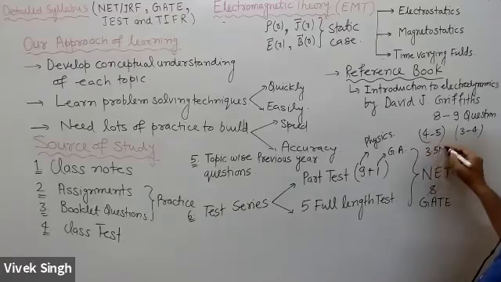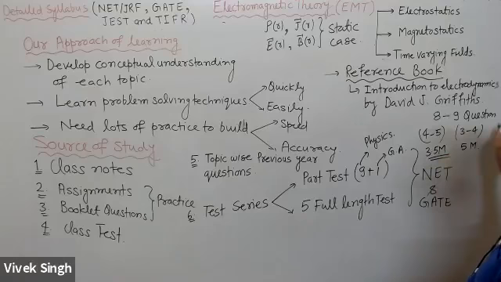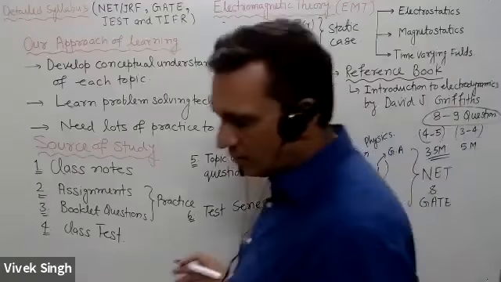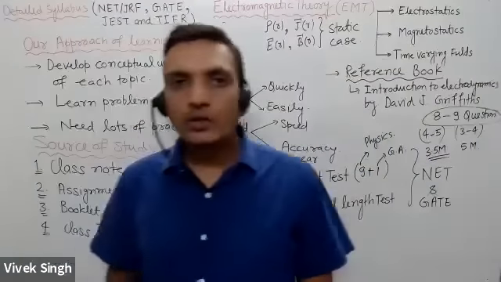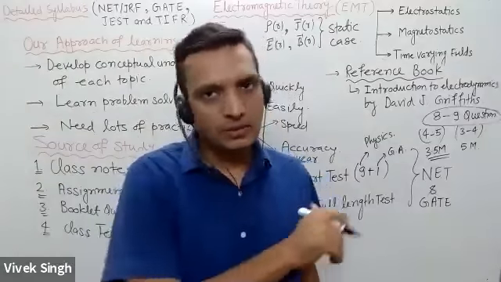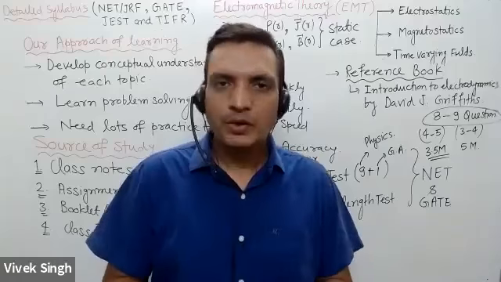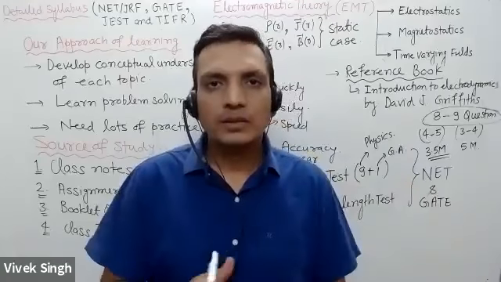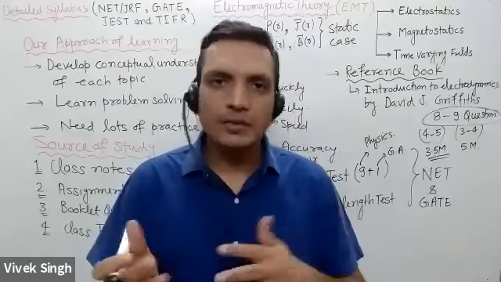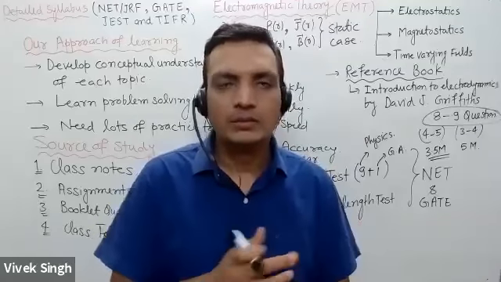This is 3.5 marks and this is 5 marks. So you will get 8 to 9 questions from electromagnetic theory. GATE is also the same, 50%. In GATE also you have approximately 9 to 10 questions.